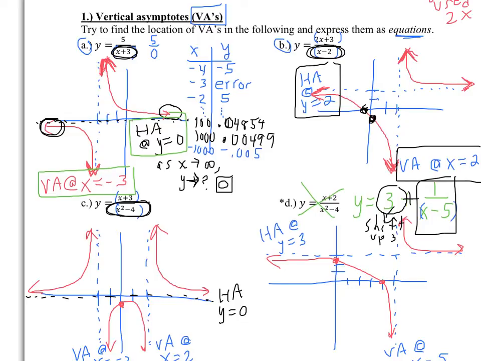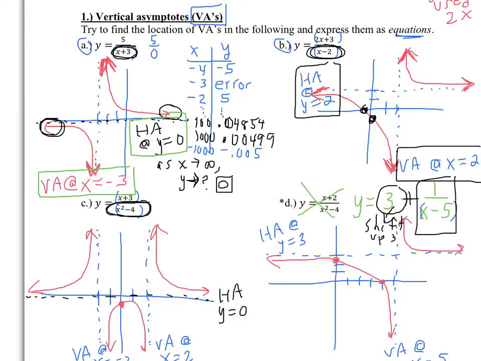So, with our first example here, keep in mind that the idea behind a horizontal asymptote is we're trying to figure out what is happening to y as x gets really big. So I'm going to have you jot this down up top here.